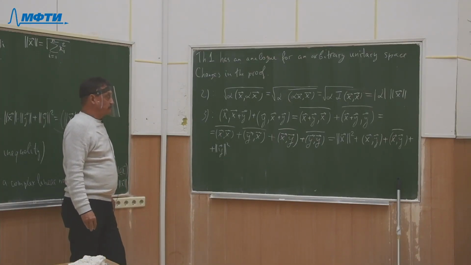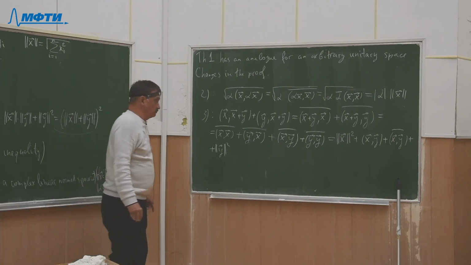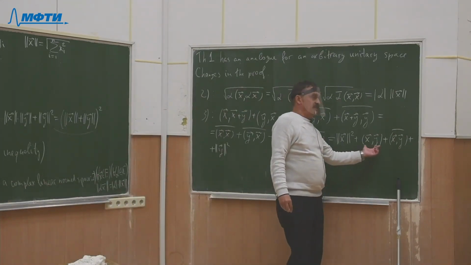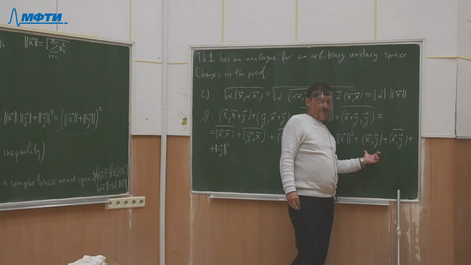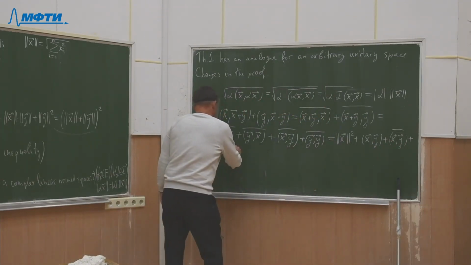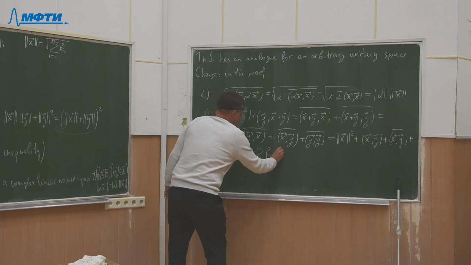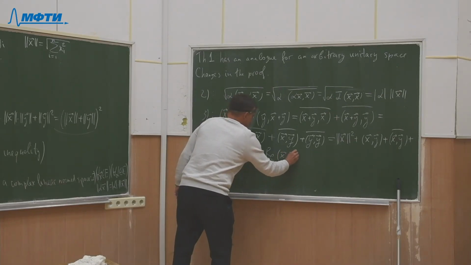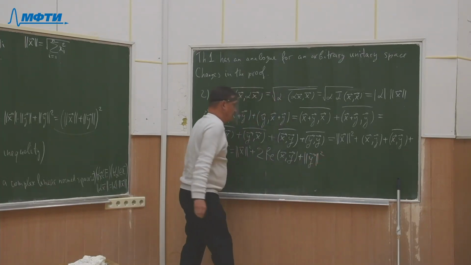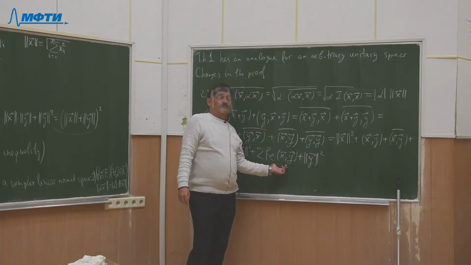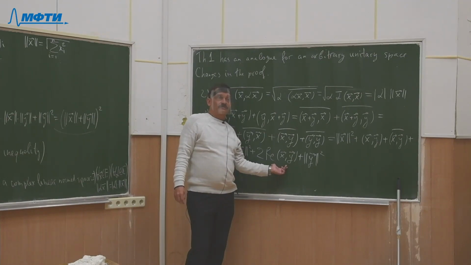Okay, now we have a complex number plus conjugate to the same number. What is it? 2 times real part. That is norm x squared plus 2 real part of this inner product plus norm y squared. But real part of a complex number is less or equal than modulus of this complex number, right?